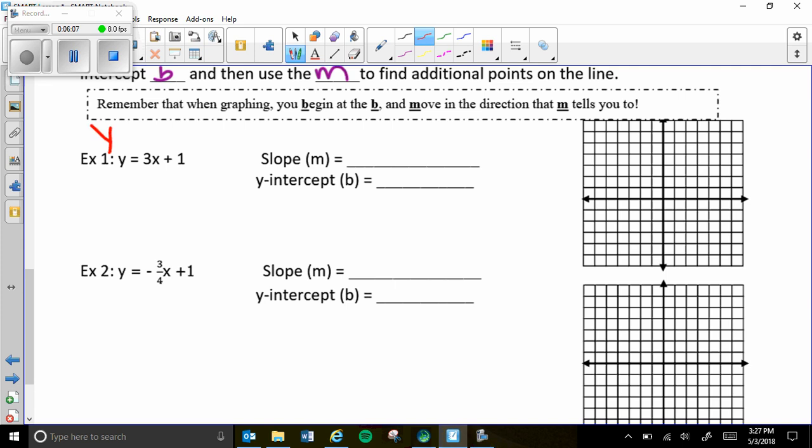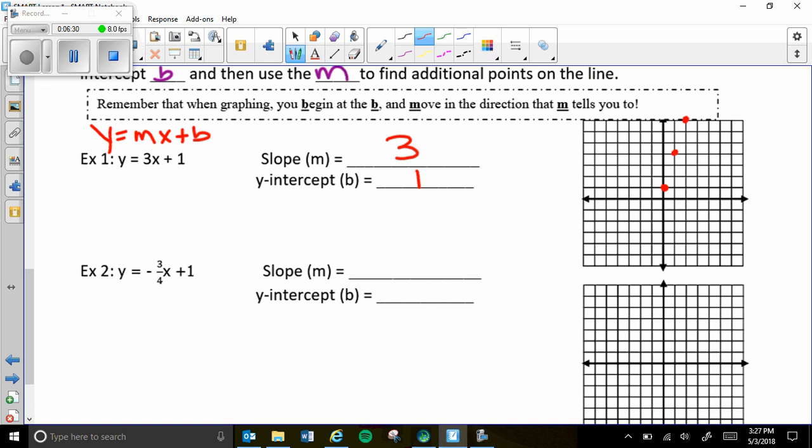If I write y equals mx plus b right above it, my slope is 3, my y-intercept is 1.